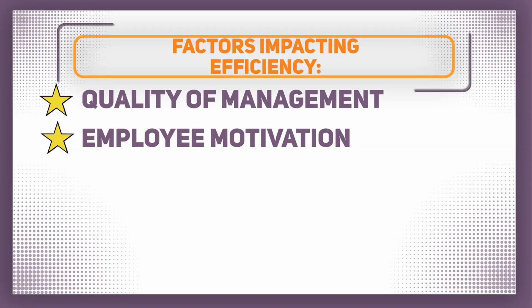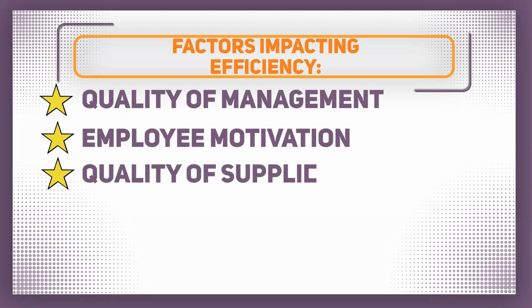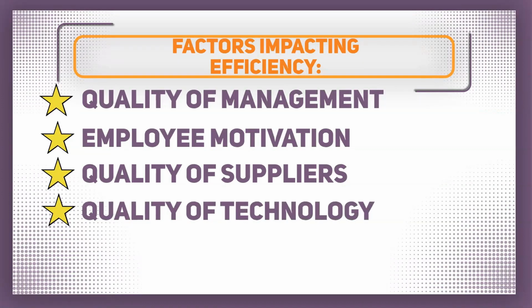It will also depend on how good suppliers are. If suppliers are reliable and provide good quality supplies, then this helps keep costs lower and can actually improve productivity. If a business has good quality equipment and up-to-date technology, this should also help to keep the costs of production low and again, can improve efficiency.